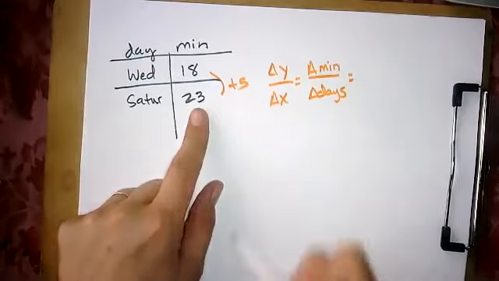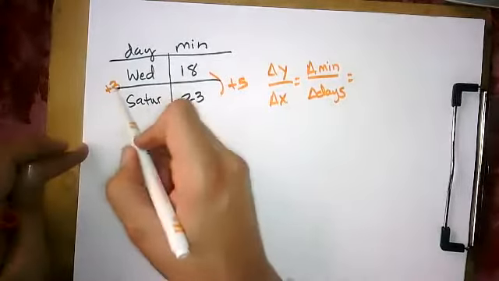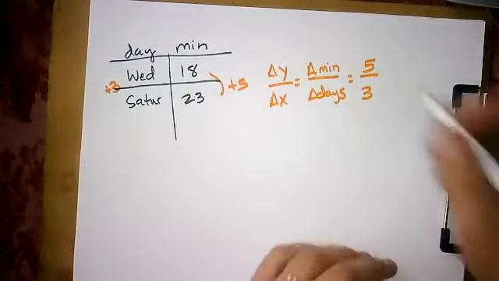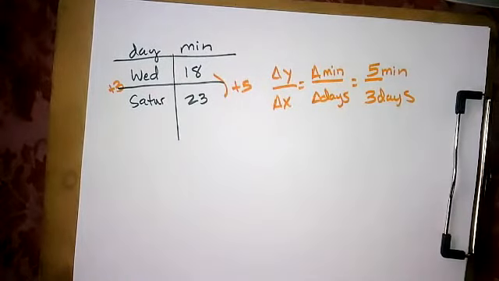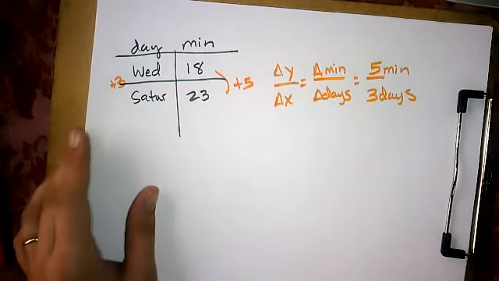So that's plus 5. And then Wednesday, Thursday, Friday, Saturday, so plus 3 days. So 5 minutes every 3 days. Okay, so that's IXL code PLA.